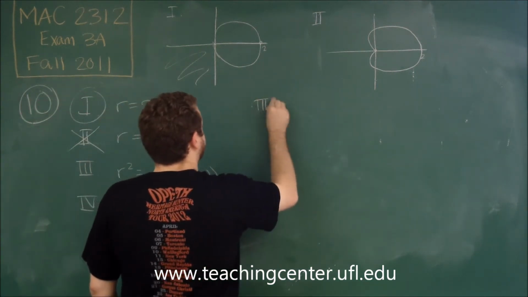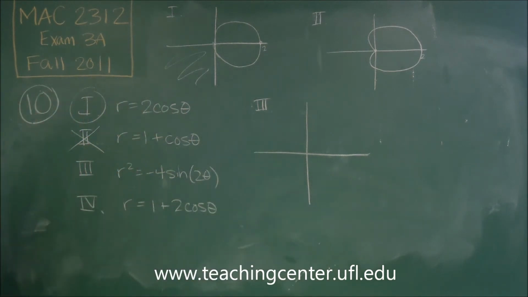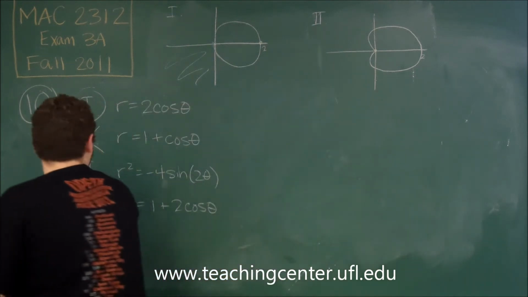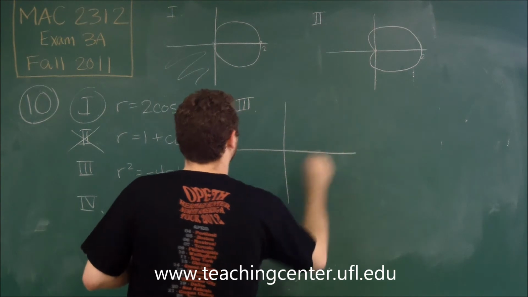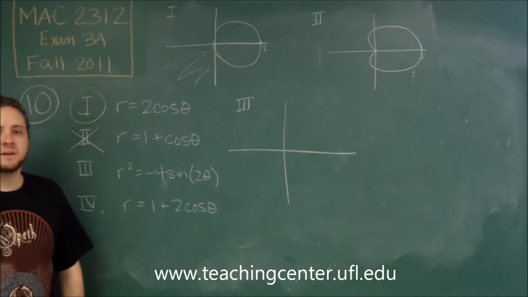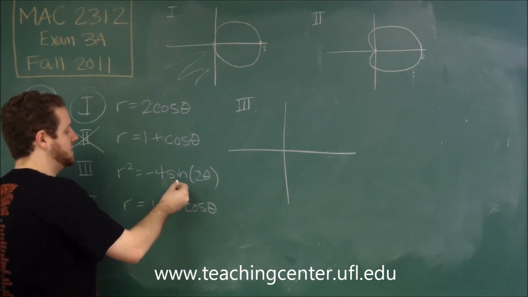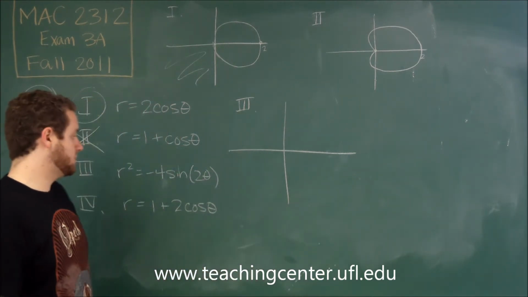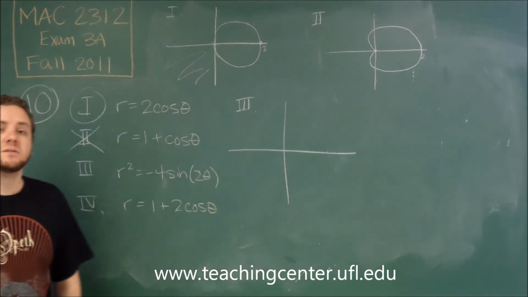All right, number 3. Let me get this a little closer so I'll have room for the last one. Okay, so number 3, we have R squared equals -4 sine 2 theta. Recall that R squared equals constant times sine of 2 theta, or cosine 2 theta for that matter, is another standard form that you should recognize, and that's the lemniscates.